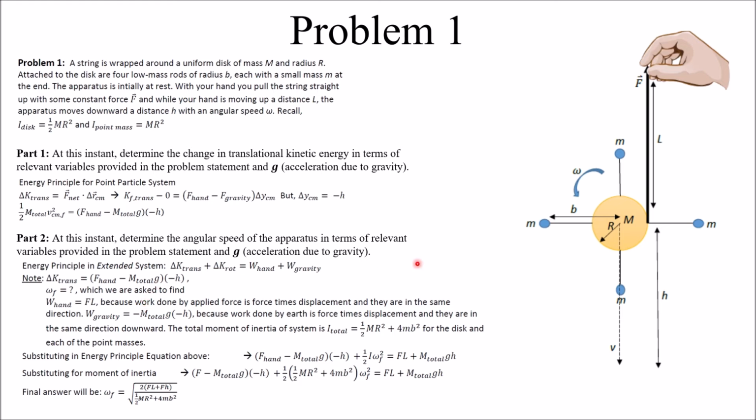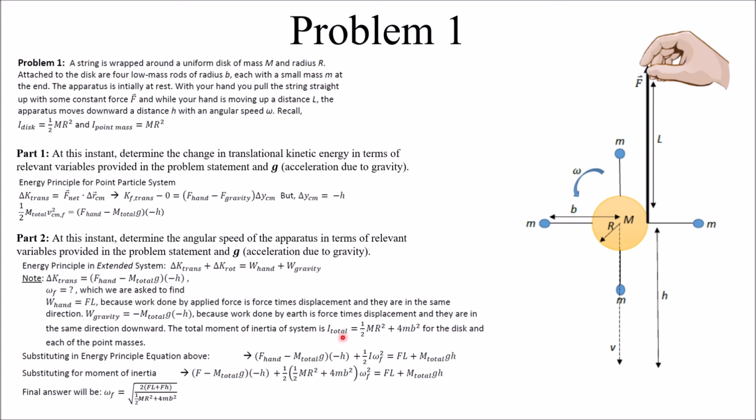And so the work done by the hand is going to be the force by the hand times L, upward. And the work done by gravity is going to be negative here, the total mass times g times the distance, which is negative h. So we have an expression for the work done by the hand and the work done by gravity.